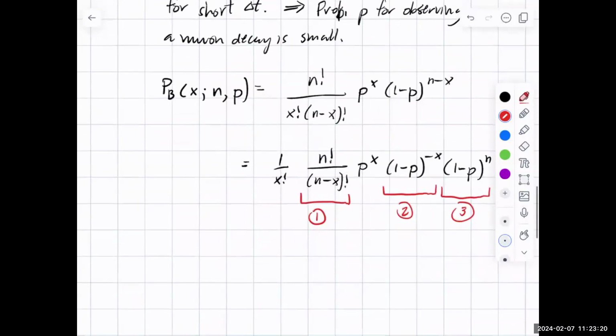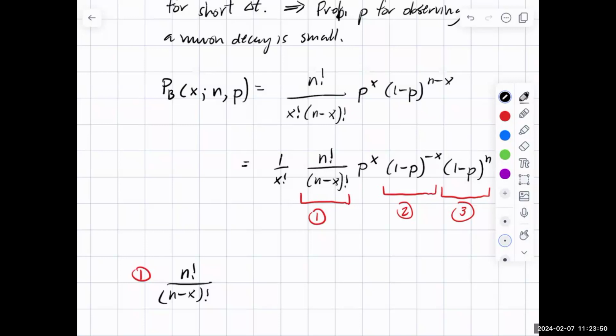Okay. So factor 1. We have N factorial over N minus X factorial. So N factorial is N times N minus 1 times N minus 2 times N minus 3, and so on, times N minus X times N minus X minus 1 times N minus X minus 2. All of those factors at the end are going to cancel with this N factorial.